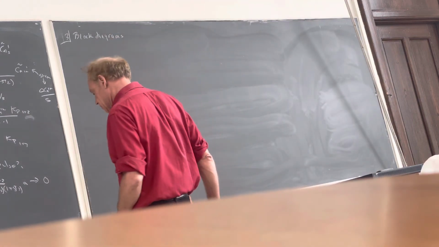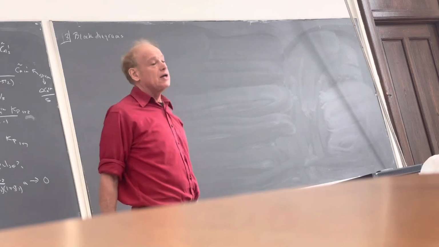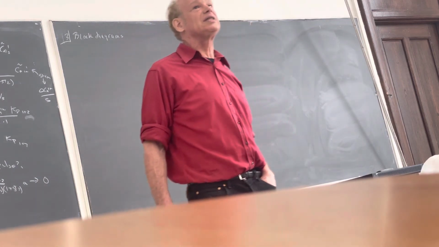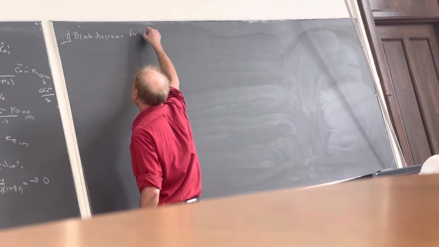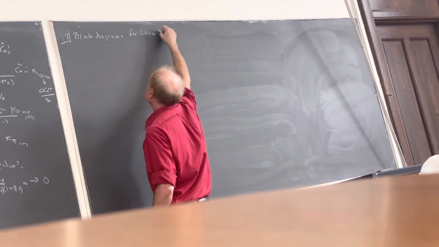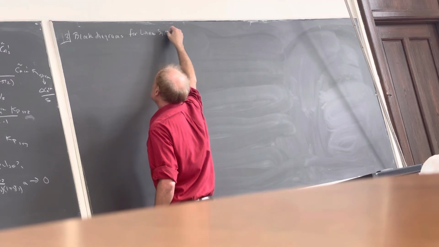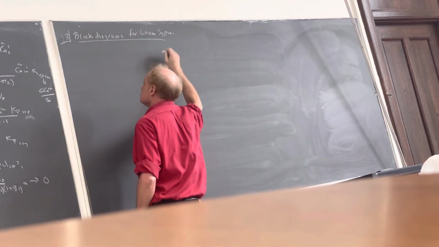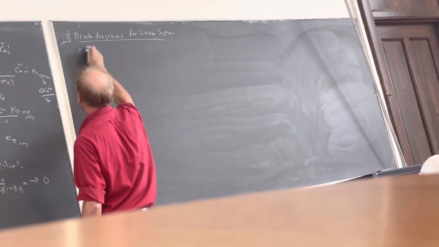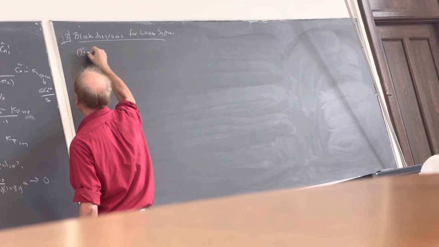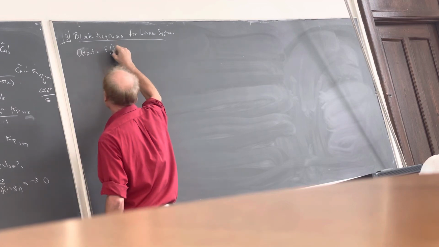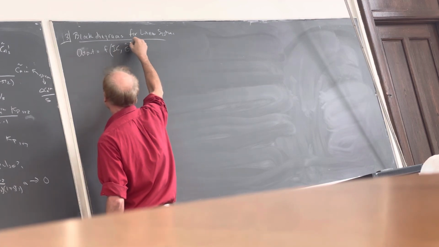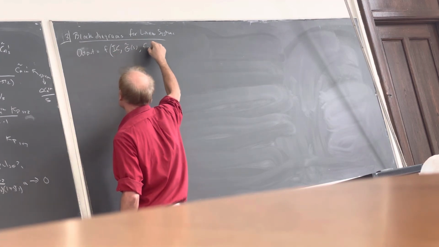So I want you to notice that when we have linear systems, we can write the output as a function of the initial condition, G tilde of S, and the forcing.